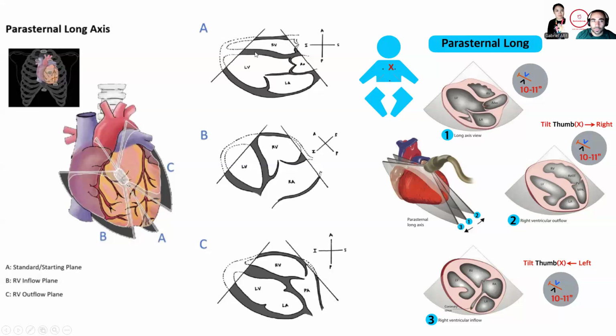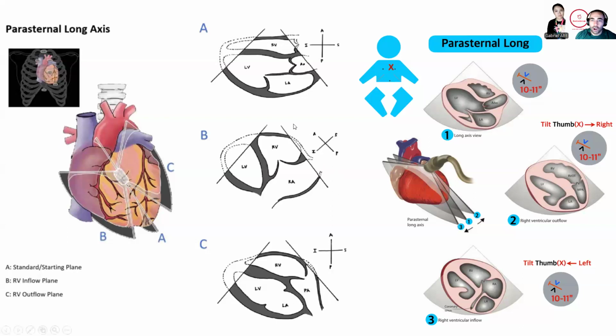The probe can be oriented more perpendicular to the chest in order to obtain the information more posteriorly, or you can fan it out towards more of the anterior chest, which is basically the fan going towards the skin, providing you information on more of the anterior structures.